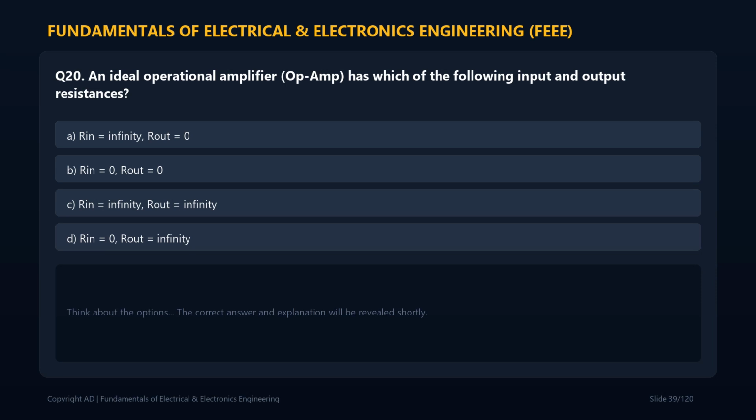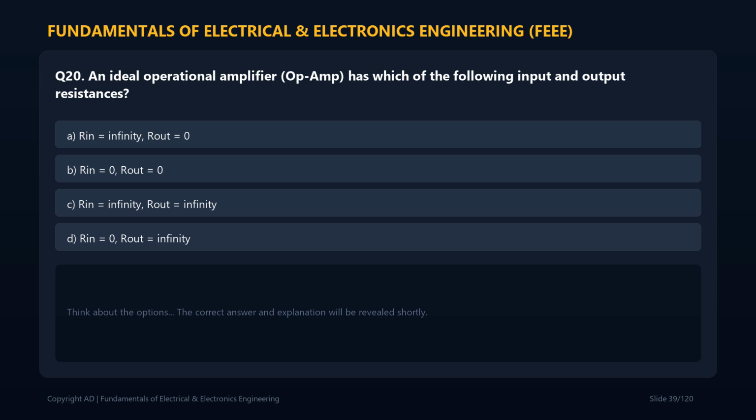Question 20. An ideal operational amplifier has which of the following input and output resistances? Option A, R in equals infinity, R out equals 0. Option B, R in equals 0, R out equals 0. Option C, R in equals infinity, R out equals infinity.